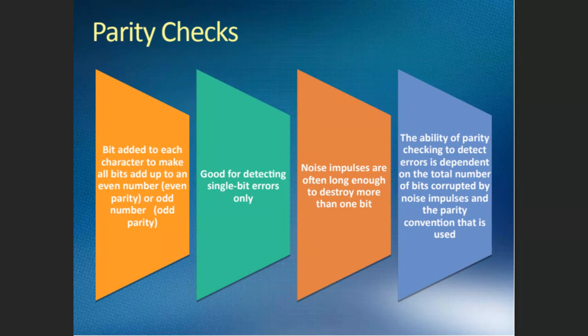So it's good for detecting single bit errors only. Noise impulses are often long enough to destroy more than 1 bit. The ability of parity checking to detect error is dependent on the total number of bits corrupted by noise impulses and the parity convention that is used.